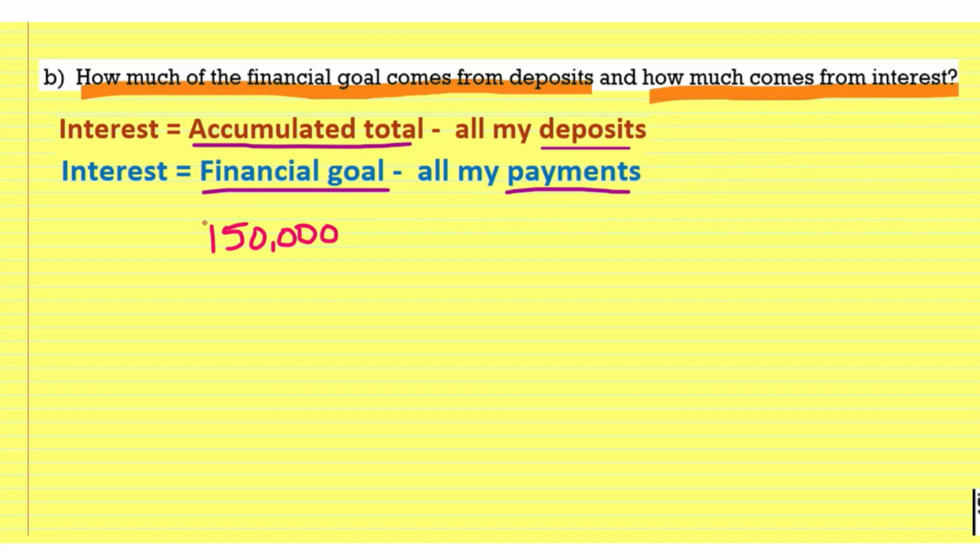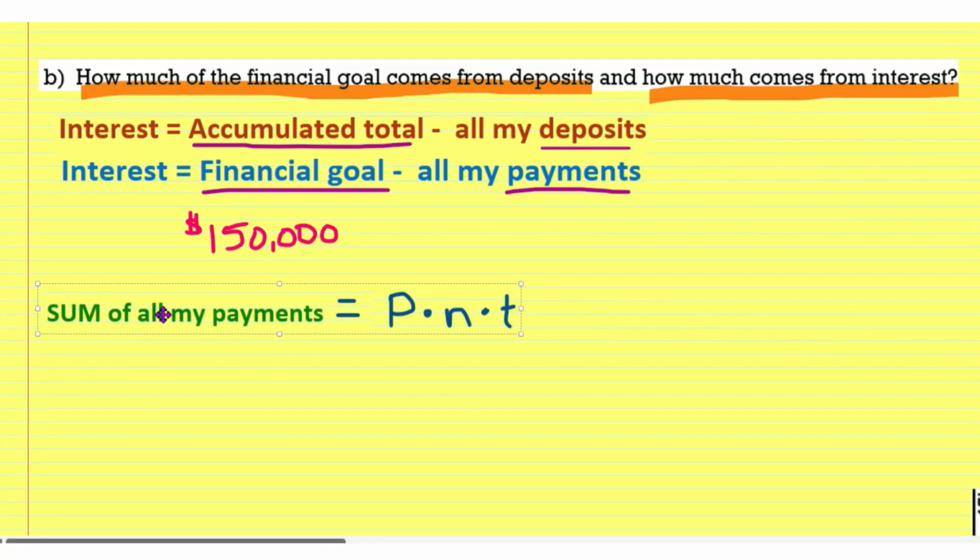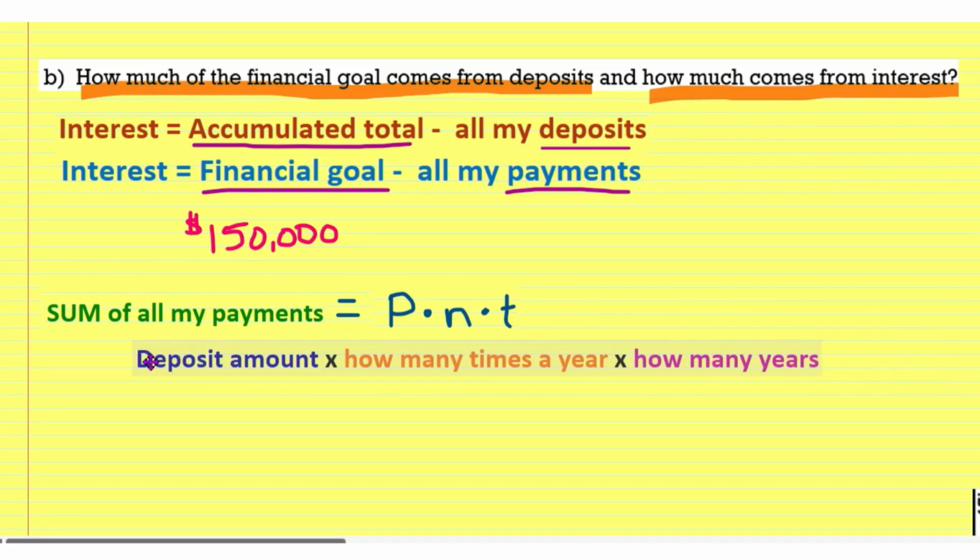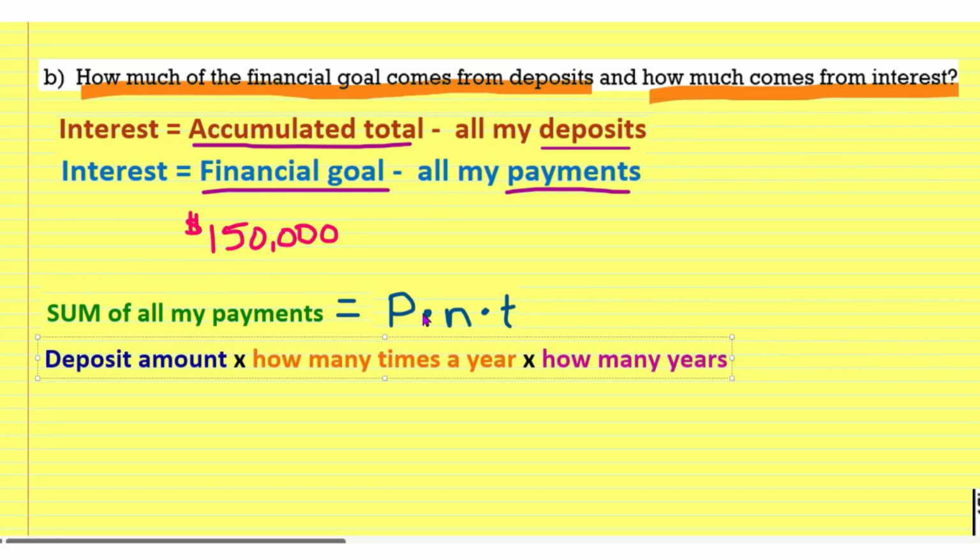And we need to calculate what all of my payments added up to. So how do I do that? Well, before in our previous problem, we said the sum of all of our payments can be thought of as P times N times T. And in part A, we actually did calculate the P, right? Figured out what the deposit amount was. The P is the deposit amount, the N is how many times a year we are making the payment or how often it is compounding, and the T is for how many years.